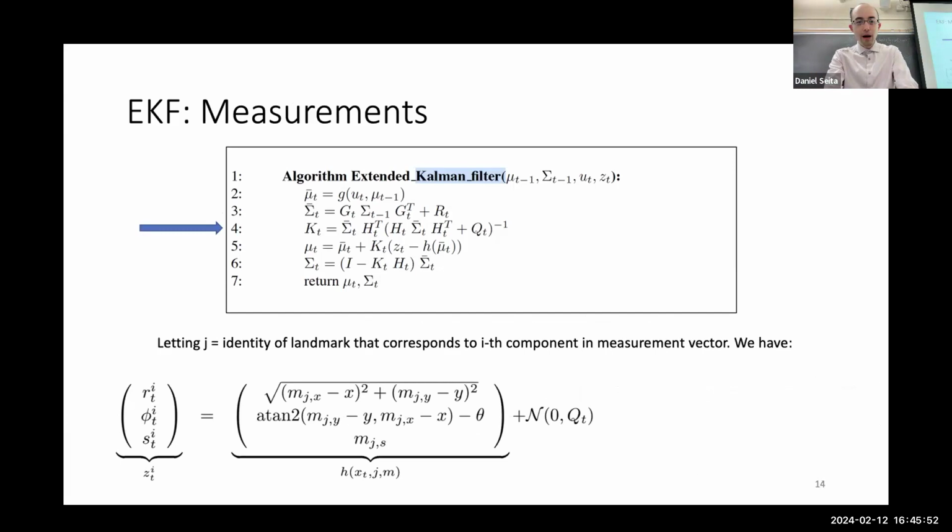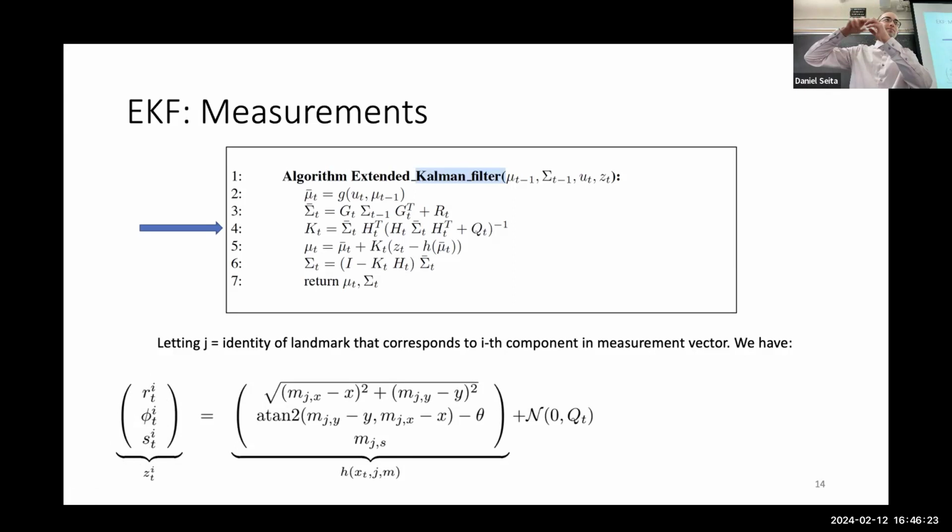All right, so let's talk about the measurement. The measurement is going to be based on the assumption of our measurement model. Our measurement model has these features on it, three features for each measurement: R T, B T, and F T, and then I indicate the index in the measurement vector.